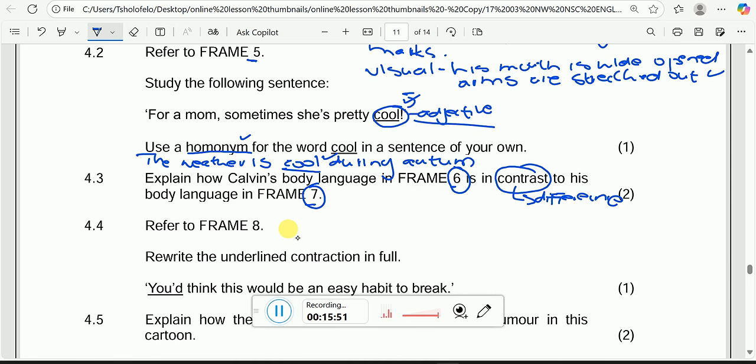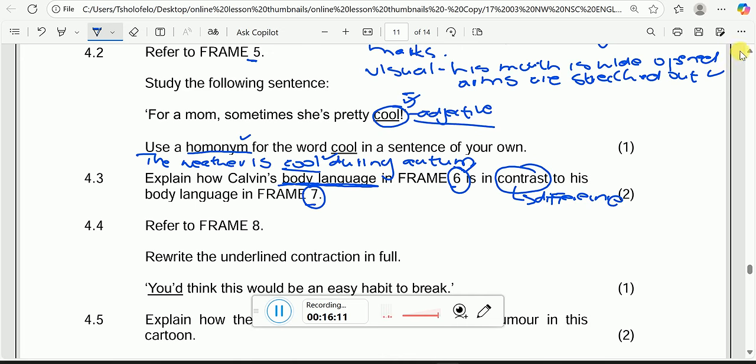Yes, that is a contrast, but it's an emotive contrast. The examiner is not looking for emotions, but for body language, meaning that you must describe his body language in frame 6, in contrast to how it is in frame 7, not how Calvin is feeling. You see, question interpretation is important.